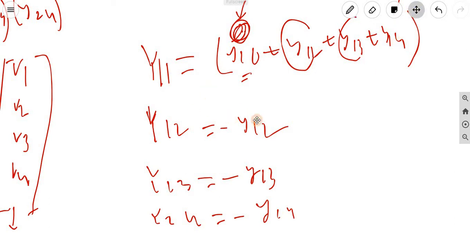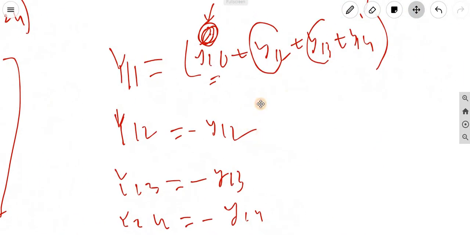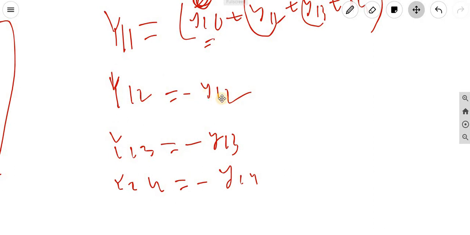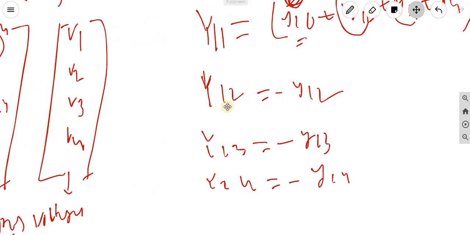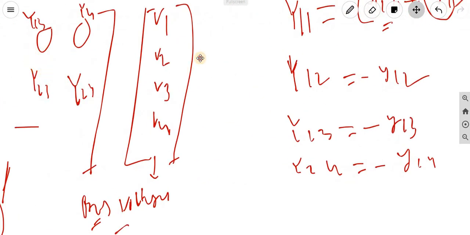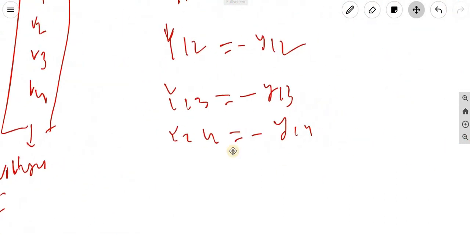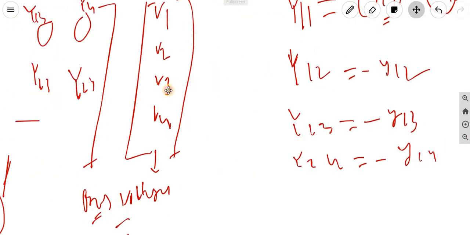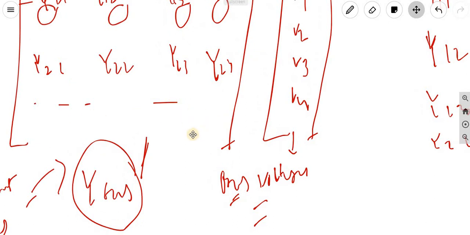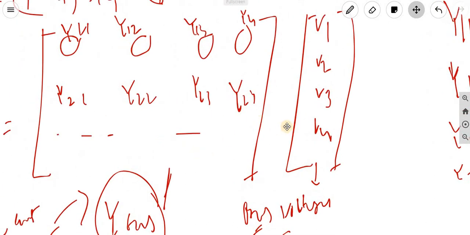The small y12 is the equivalent admittance of the line, but the capital Y12 is the matrix element. Okay, just presentation. In the same way you can get all the elements for that particular bus.